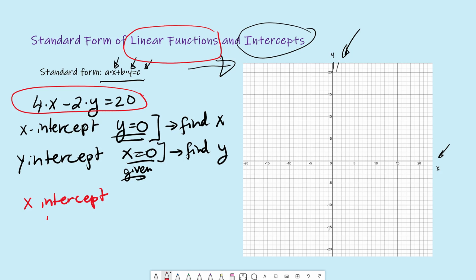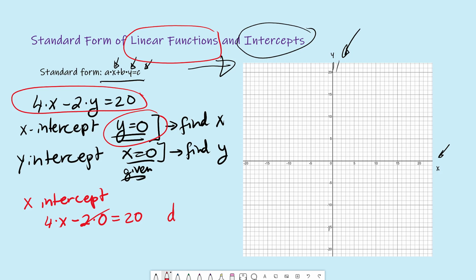So we have 4 times x minus 2 times 0 equals 20. We just insert the value y equals 0 inside this form for the function, which is basically an equation. So 2 times 0 is just 0, and we get 4 times x equals 20.